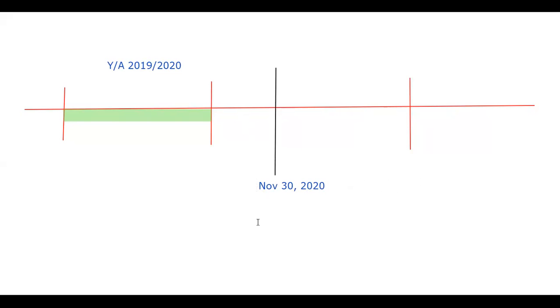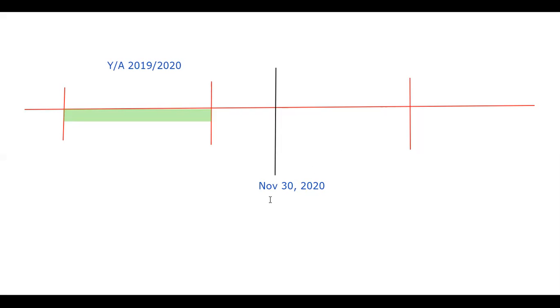Then you file the return on or before the due date. The department can issue an assessment till when? Within 30 months. They can issue an assessment within 30 months from the filing of the return.